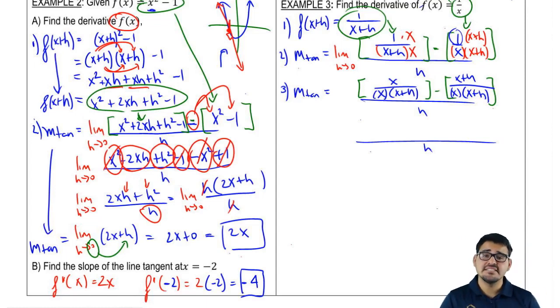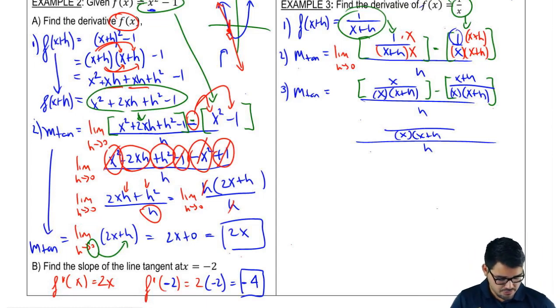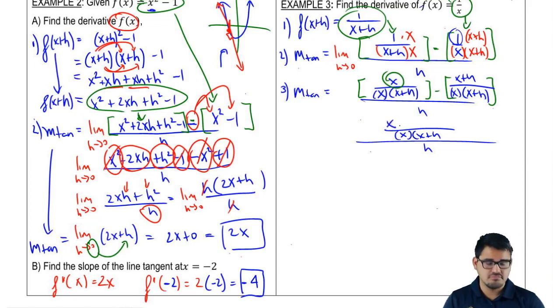Now, since these two fractions have the same denominator, I can just write one denominator, which is going to be x and x plus h, and then I can just worry about subtracting the tops. So from the top here, I just have the x to worry about, so it's just going to be x. Done. But now when I'm going to combine the right side of the top, I'm going to have to take into consideration this negative distributing into the whole x plus h, right?